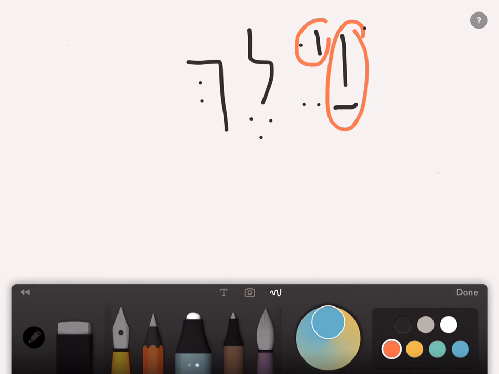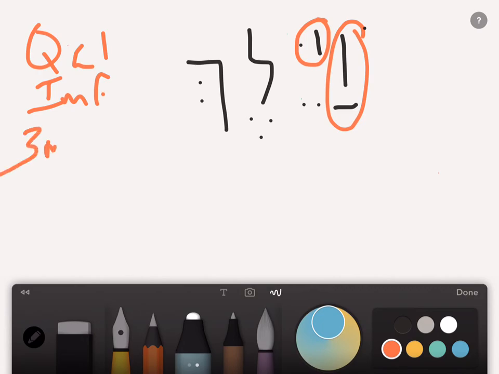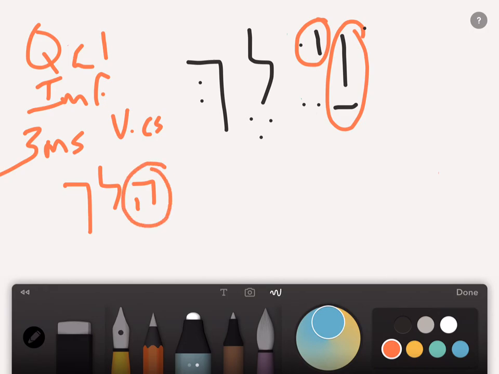This is my preformative of my imperfect. I have a qal imperfect, 3ms, with a vav consecutive. My verbal root is halak: he went, he walked. Now, what happened to my first root letter, the hey?